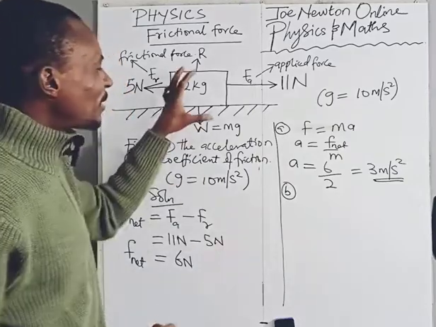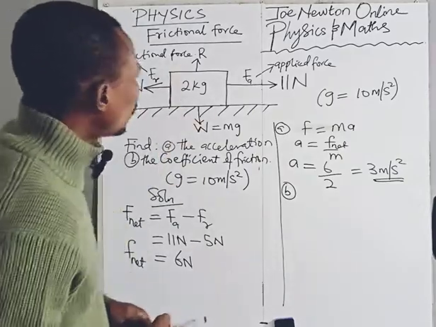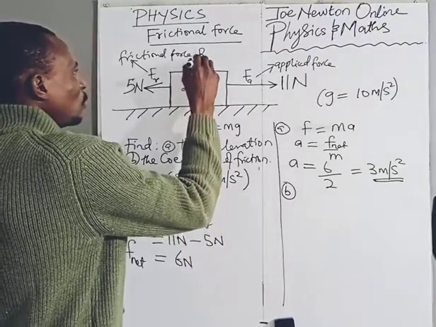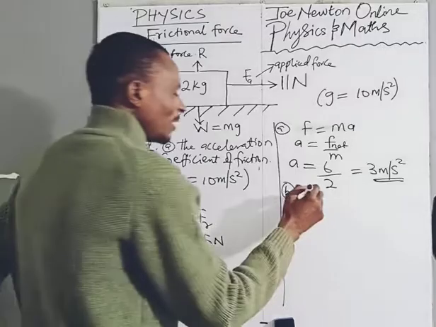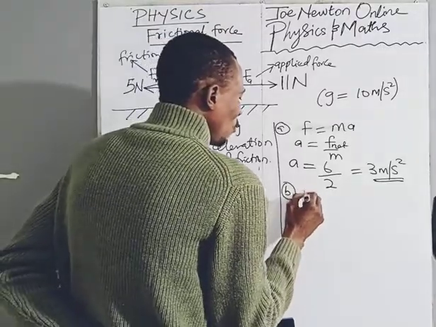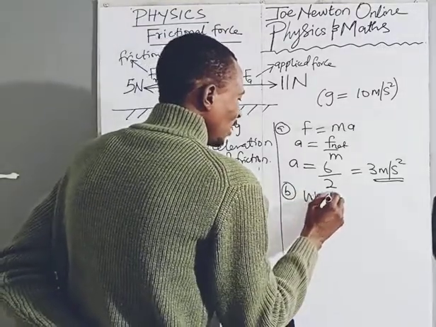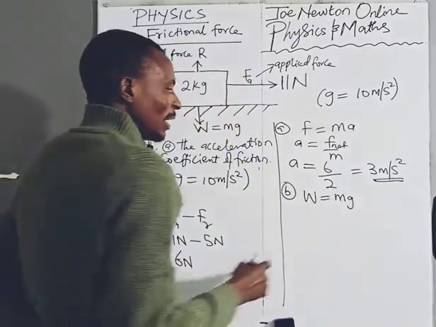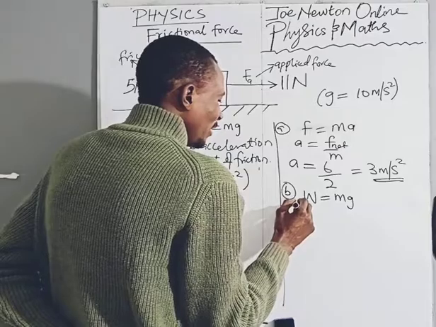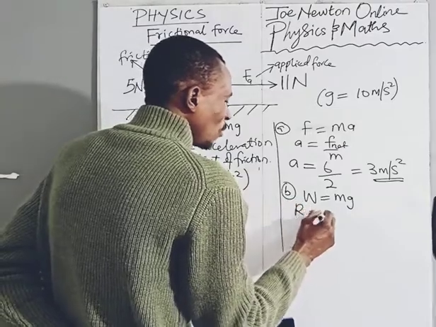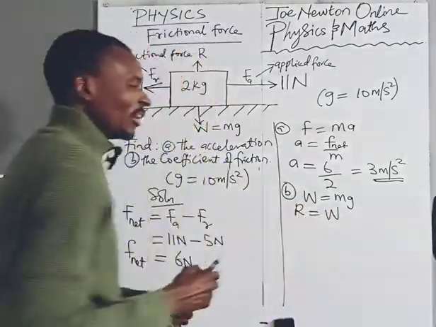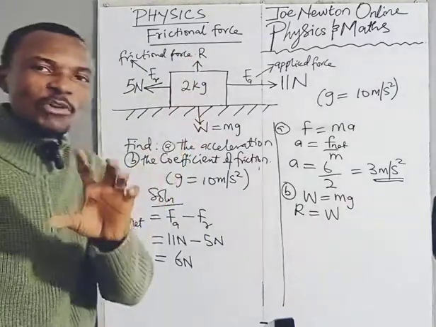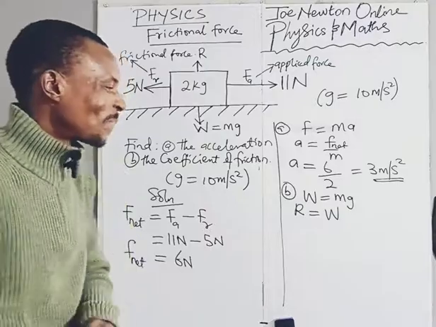Okay, remembering this, we will now be able to go further. So we have that the weight of the body is equal to mass times acceleration due to gravity. And recall that the normal reaction is equal to the weight of the body, equal and opposite to the weight of the body.